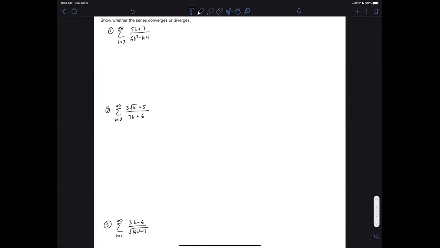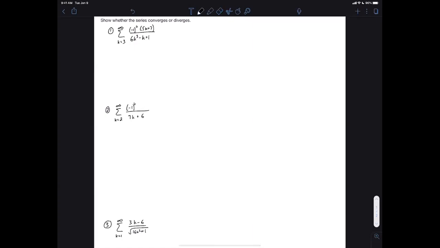My bad. And you know what? I want all of these to be alternating, so I apologize for that. We've done comparison tests with these, but let's change it real quick. Negative 1 to the k times what we have. So negative 1 to the k times 5k plus 7 over this, and then negative 1 to the k times 3 square root of k plus 5.